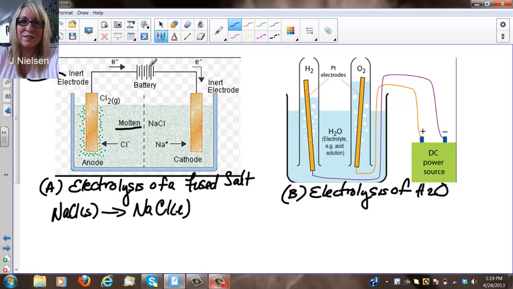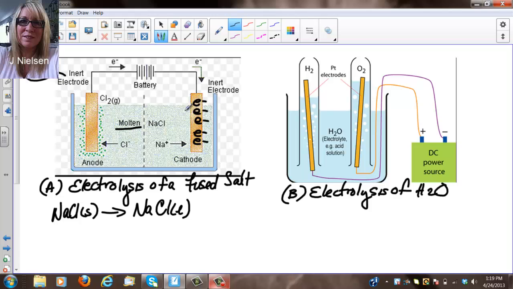And I've got a battery. So what's going to happen is, as I run electricity through this, the electrons are going to line up on this electrode. And when NaCl is molten, it can separate into its ions, Na plus and Cl minus.